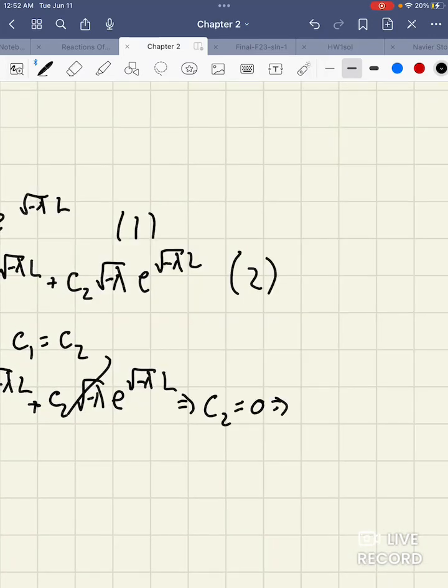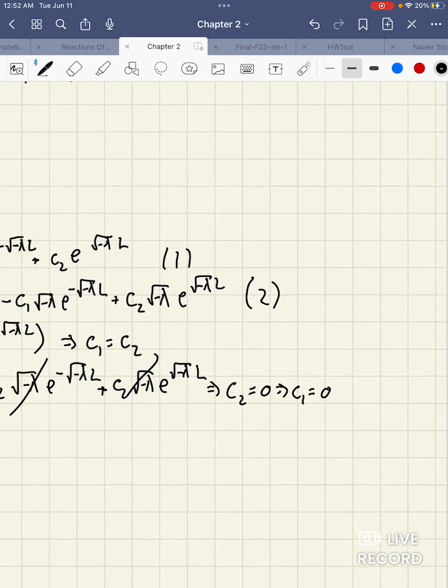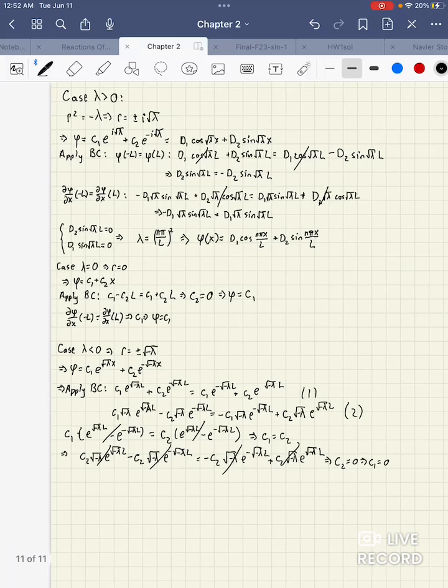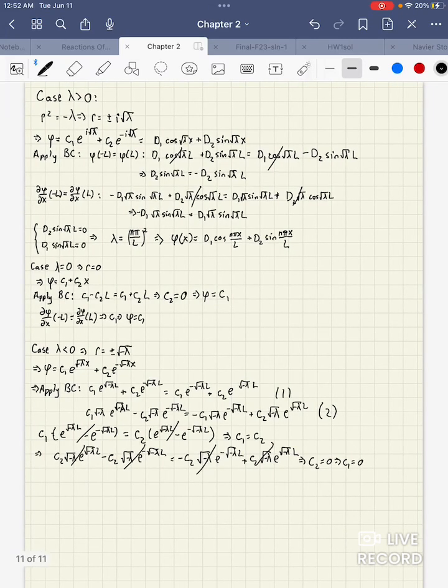Therefore my c1 is also equal to 0. Now therefore the only acceptable eigenvalues are the positive ones and the 0 eigenvalue.